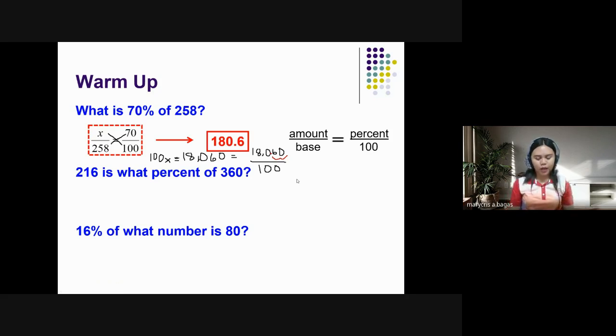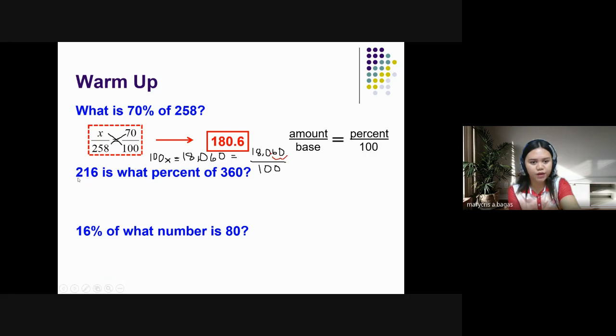216 is what percent of 360? Our base here is 360 and our amount here is 216. So we're looking for the percent.